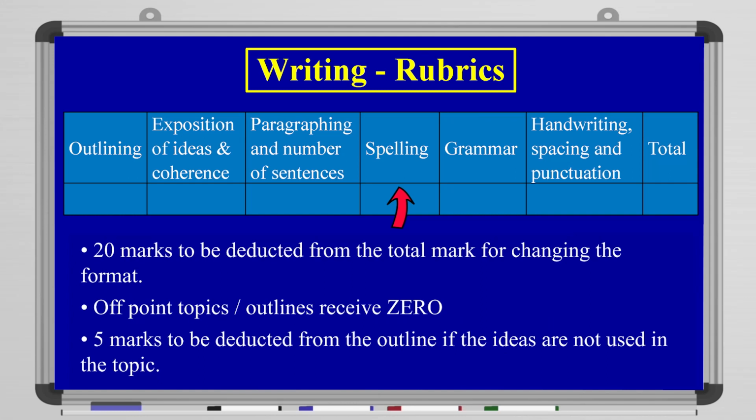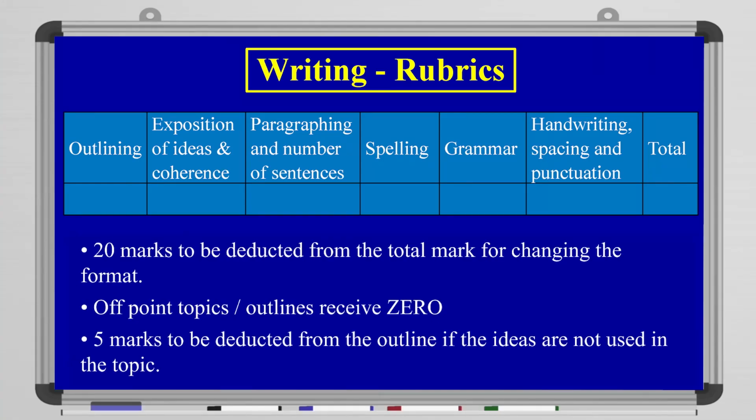Spelling mistakes, beware of them. Grammar, handwriting, and spacing with punctuation are very important. It gives the essay a clear vision. When I read it, I will understand it better. Then, I want you to pay attention to these details. 20 marks will be deducted from the total mark for changing the format.